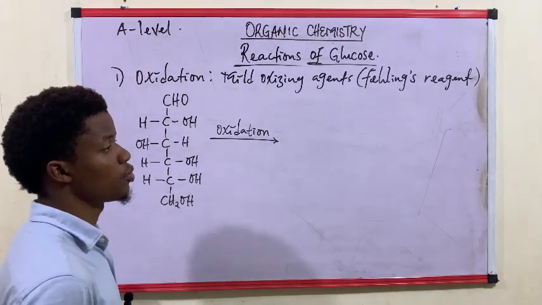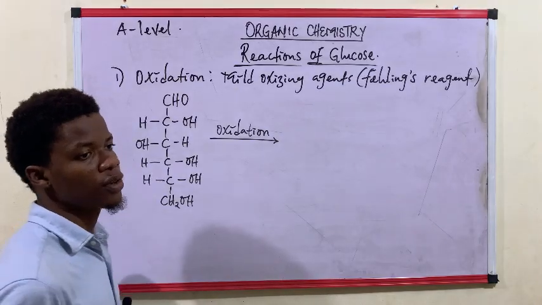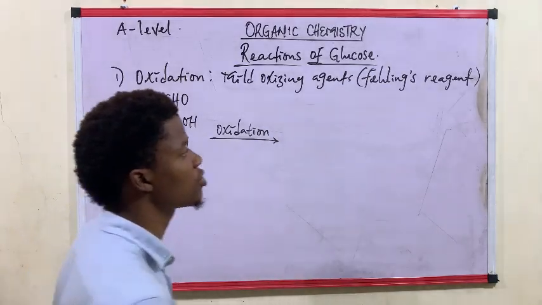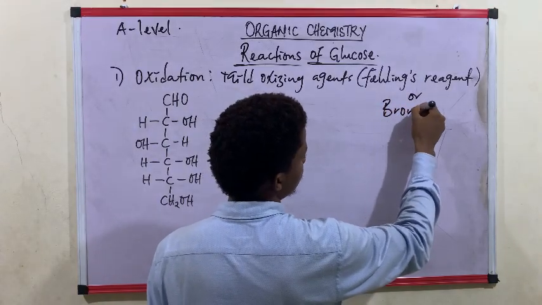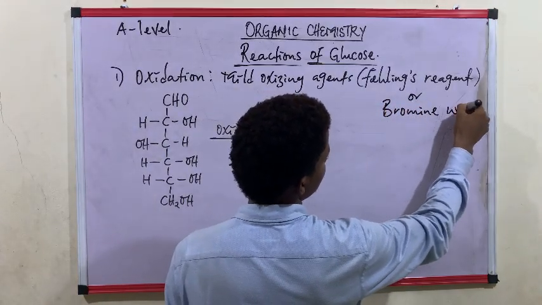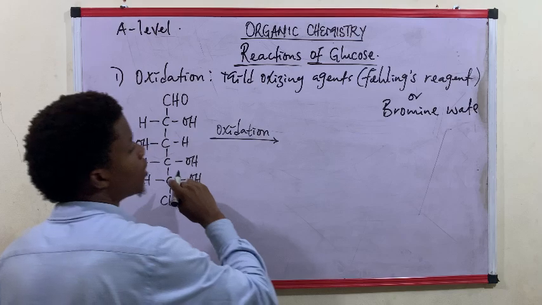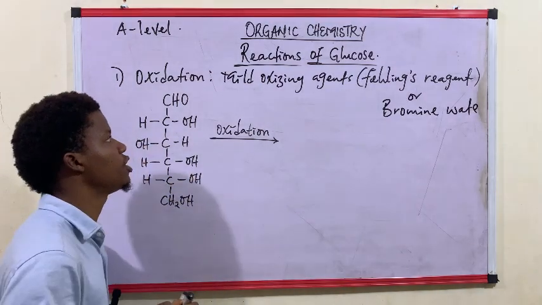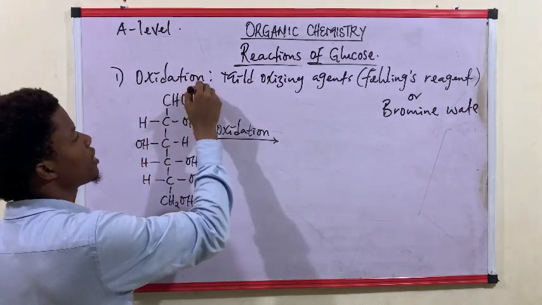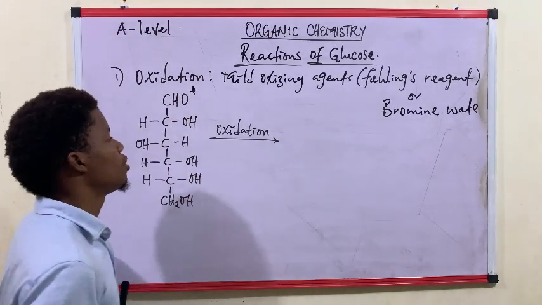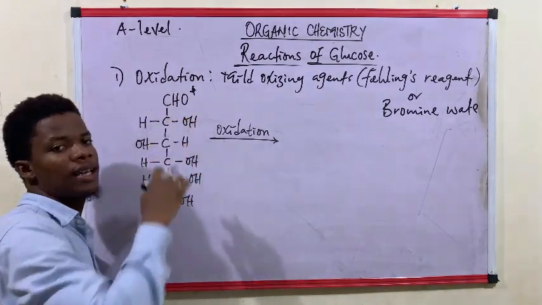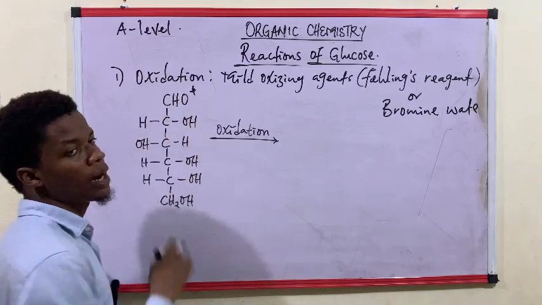All right, so bromine in water can also act as an oxidizing agent, or you can just use the word bromine water. So now this will cause a mild oxidation of the carbonyl carbon, that is the carbon carrying the functional group, which is this one. So it's going to oxidize this from an aldehyde to a carboxylic acid.